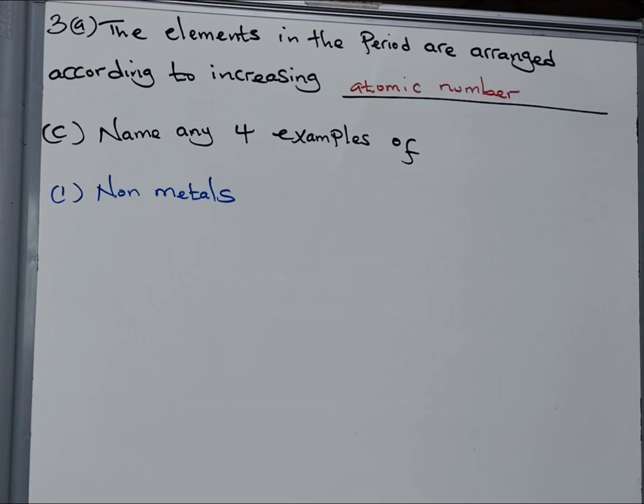Then comes another question here. It says, name any four examples of nonmetals. So what are examples of nonmetals? We saw nonmetals on the periodic table at the end, to the right of the periodic table.